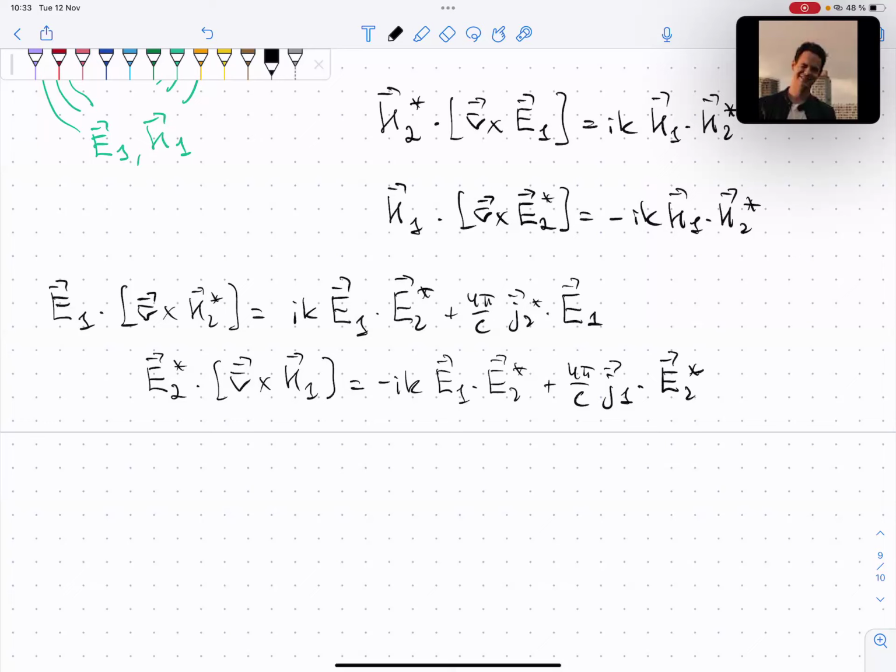Okay, so let me label these equations as the first one, the second one, the third one, and the fourth one.